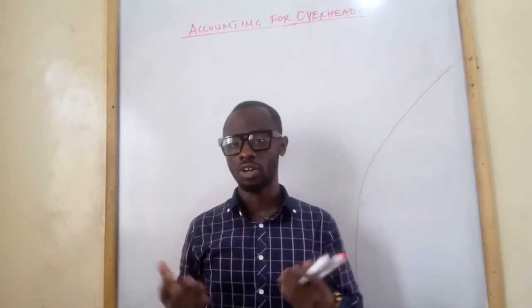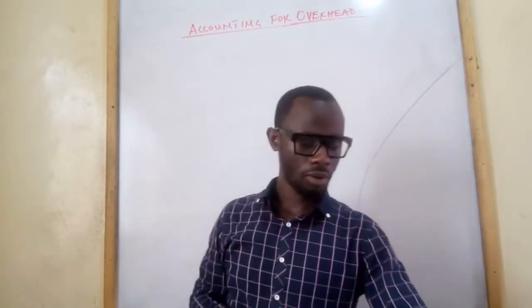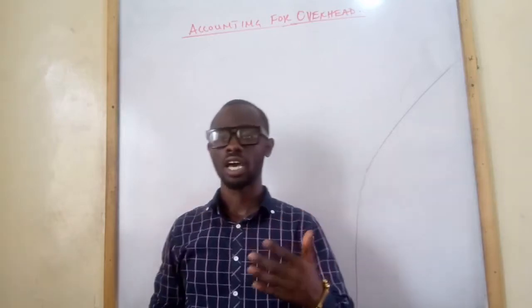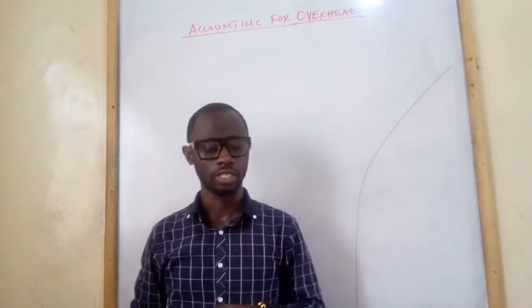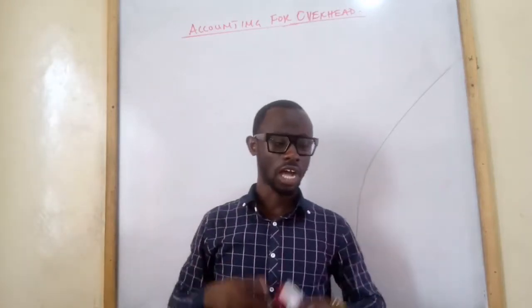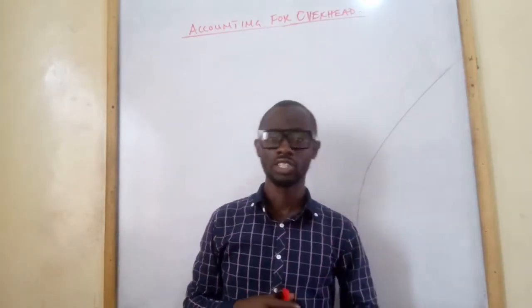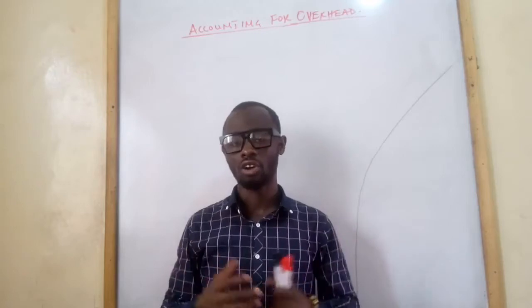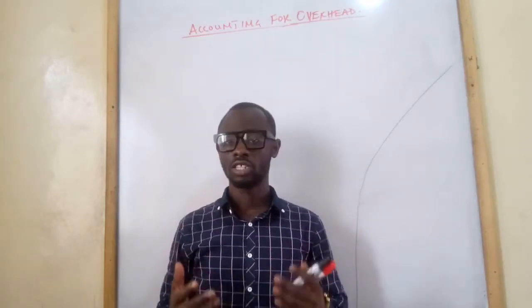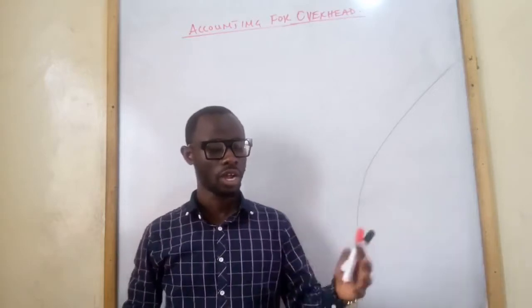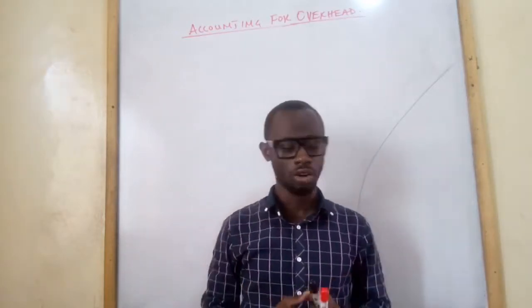So these are what overheads are about. But when we are talking about how overheads are treated, there are two schools of thoughts that we have to borrow. That is how overheads can be accounted for in the financial statement or in the cost accounting statement of the organization. There are two schools of thoughts, which is the absorption costing and marginal costing.